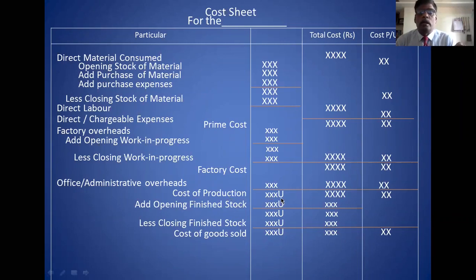So you write 12,000 in the cost of production. Then you write the opening stock 1,000. Total is 13,000. Out of that, you deduct the closing stock, let us consider 2,000 units. If you deduct 2,000 units, the remainder indicates how many units you sold in the market in the current year.